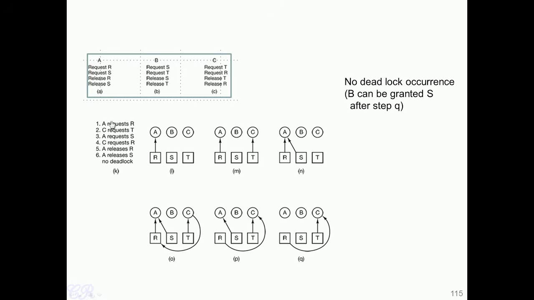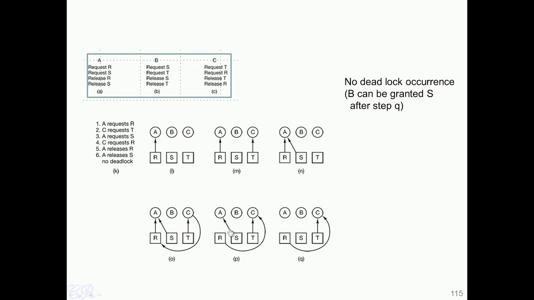Now, we will see that if the same requests and allocations are done in a slightly different manner, then the deadlock will not occur. For example, R is allocated to A and then T gets allocated to C, then A requests S and gets allocated to A, then C requests R. So, we have this over here. Now, A releases R. So, there is no more an edge over here.